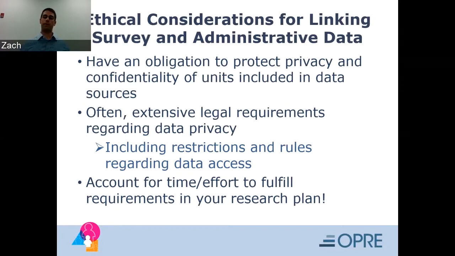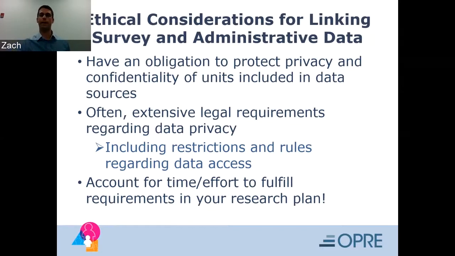Typically the laws provide guidance and restrictions for how you can access the data. So knowing this at the outset can help you assess the feasibility of your project and that it's going to work for you. As an example, with my project analyzing the CoreLogic data and the linkage to the American Community Survey, it was about a 6-month process to obtain access to that data.